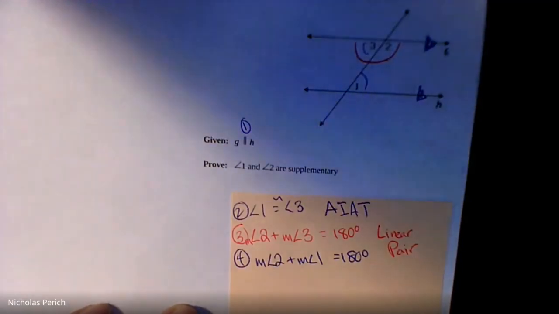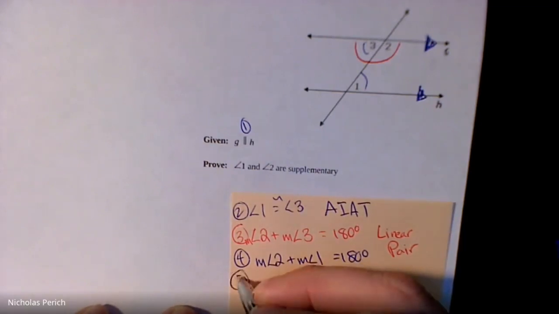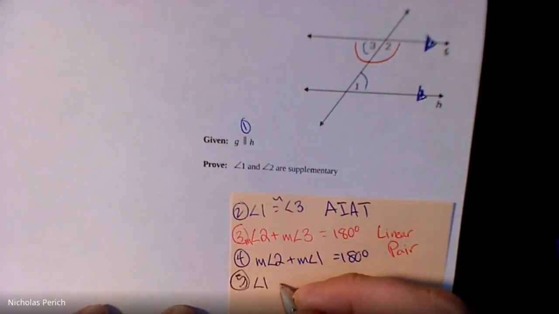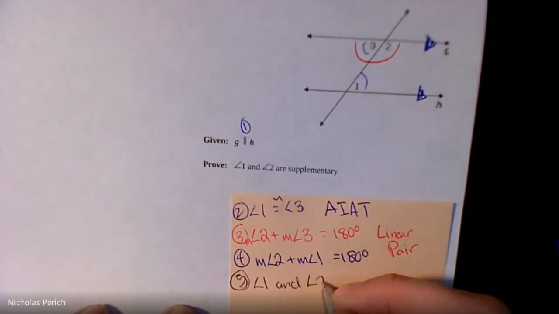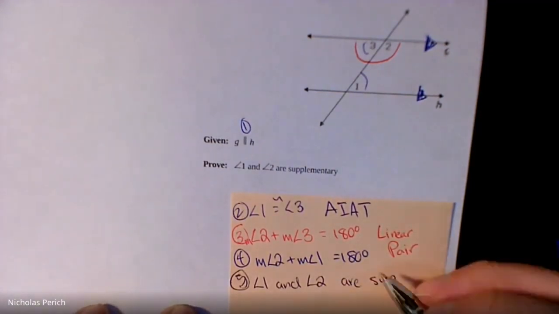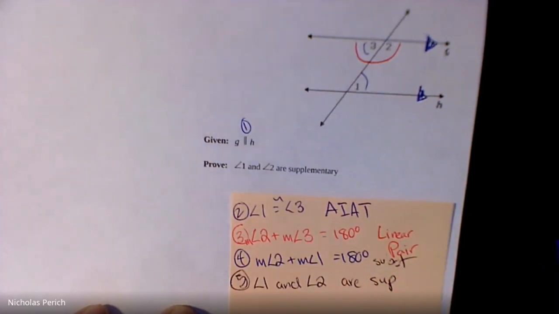If they are equal to 180, then angle 1 and angle 2 are supplementary. And that's because of substitution. My pen's dying.